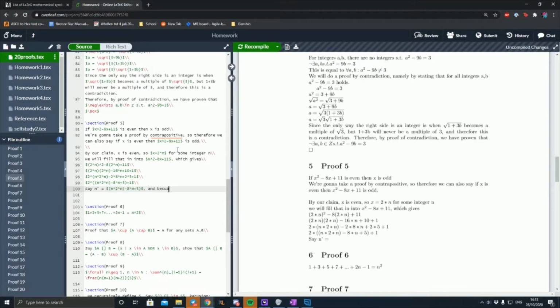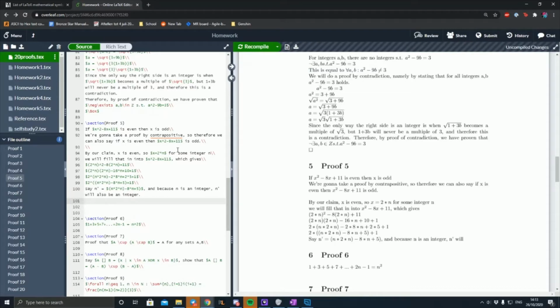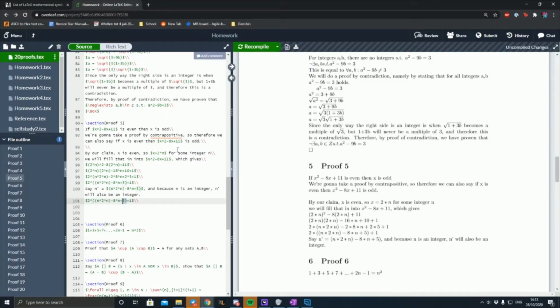And because n is an integer, n prime will also be an integer. So then we can say, okay, 2 times n prime plus 1.